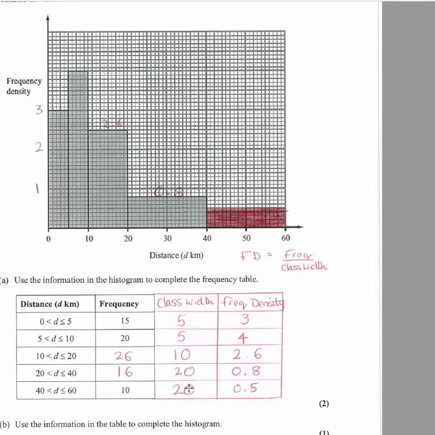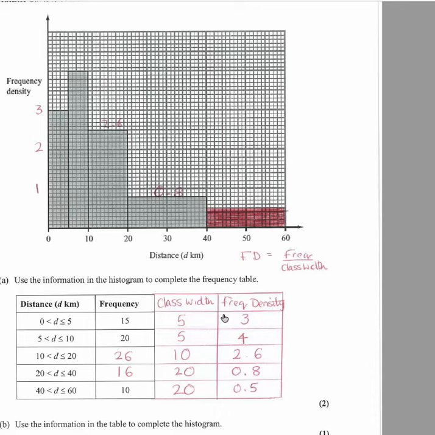Now the next column we put on here is called the frequency density, and basically that is the height of the bar. This particular bar has a frequency of 15. The class width is 5, so the frequency density is 3, because 15 divided by 5 is 3.